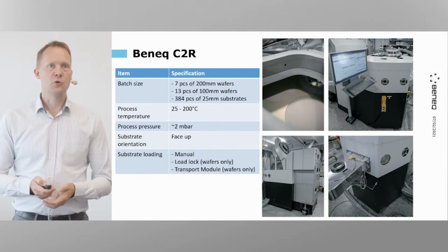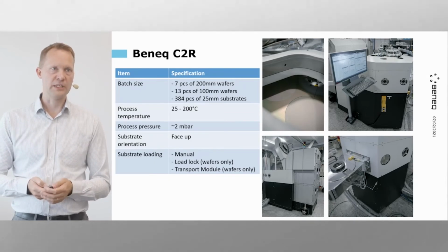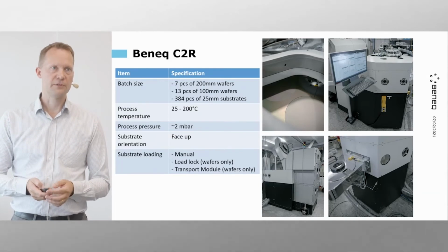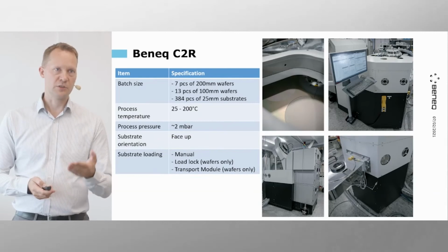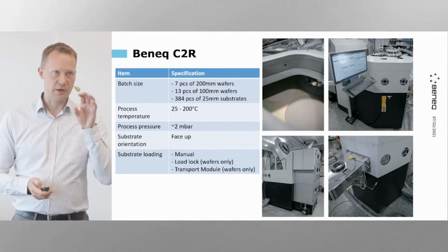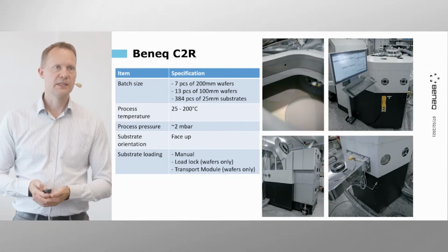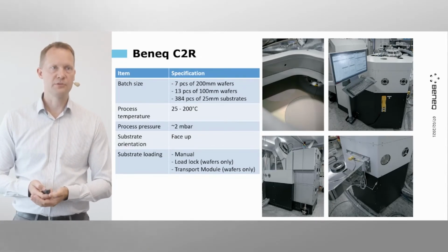Here you see more images on the right-hand side, also showing the inside of the system in the top left corner of those images. So you can see that this is where the substrates are on this turntable. We are actually now viewing through the plasma zone into the system, and you can see that the substrate here would be face up, so that's the orientation of the substrate.